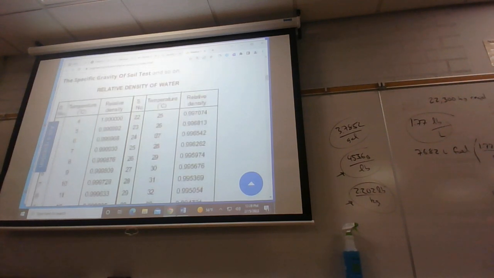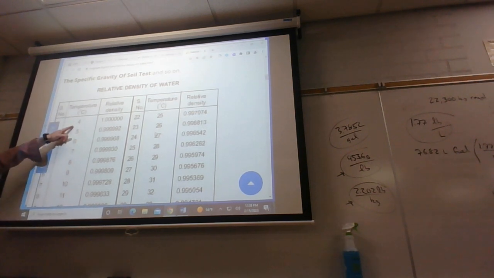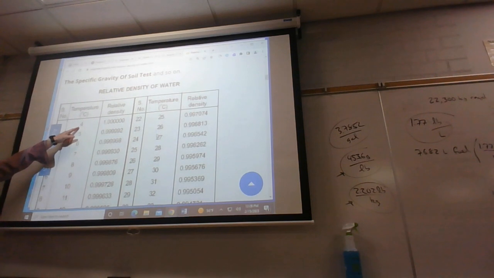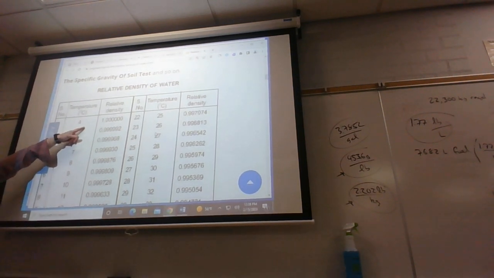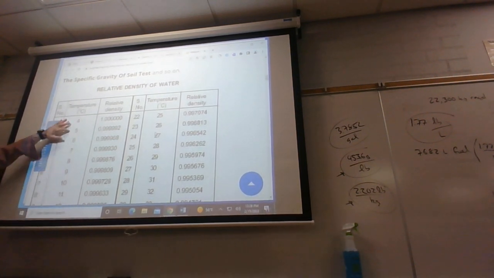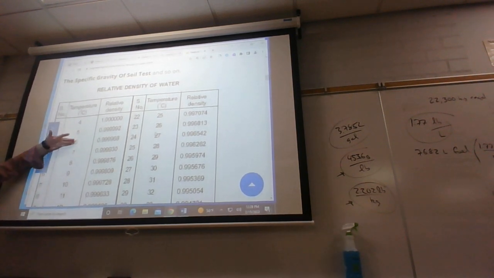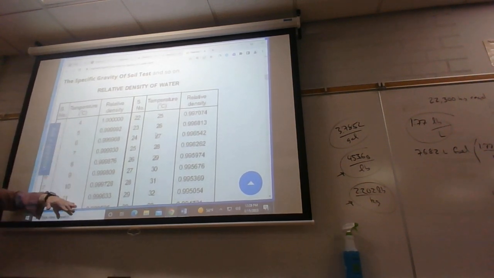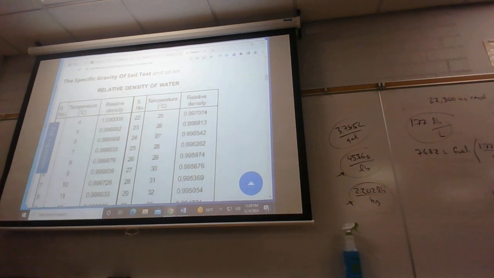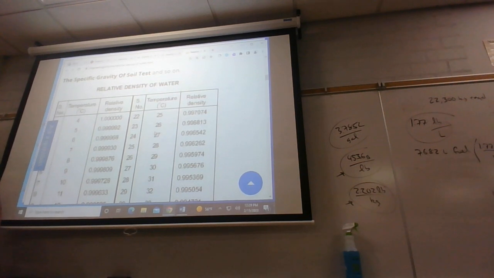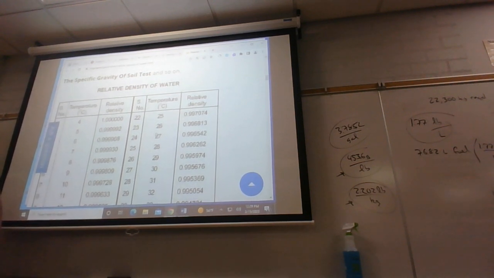This is the density of water table, so people just measure the density. The density of water at 4 degrees C is right on 1, but at 5, 6, 7 degrees C it changes. These are our observations, and then we look for patterns. The pattern's kind of weird for water.